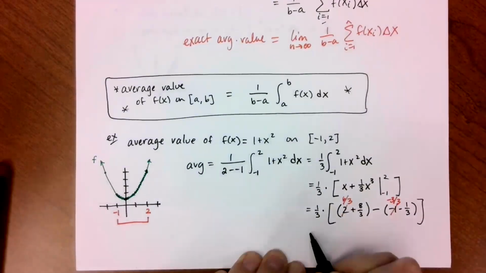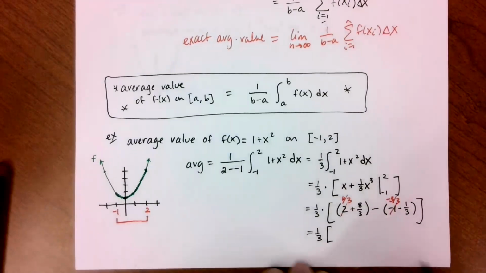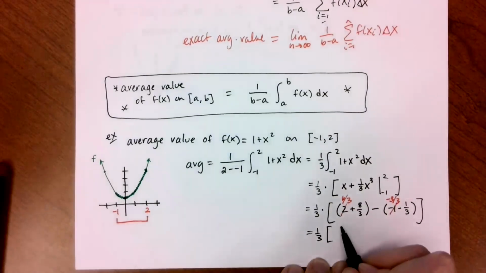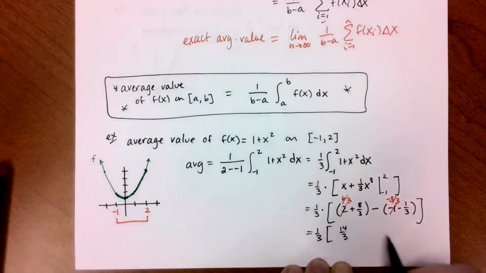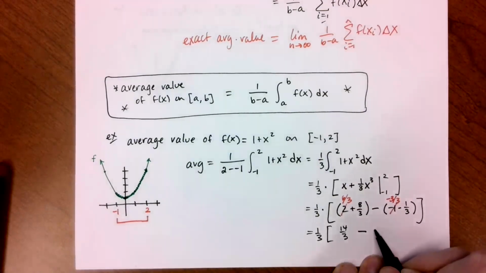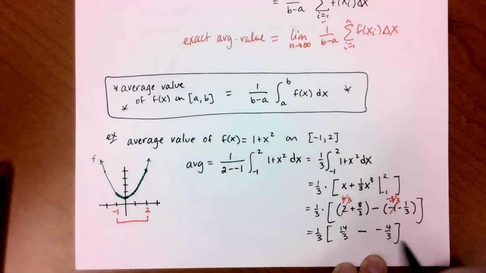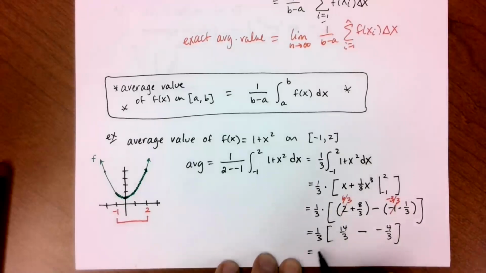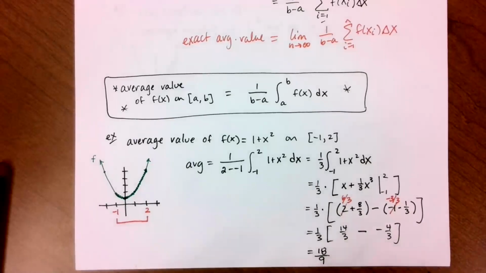Almost there. 1/3 on the outside still. 6/3 plus 8/3 is 14/3, and then in these parentheses I have -4/3. So I have 18/3 in the brackets, 18 over 9 if I incorporate this additional 3 here.